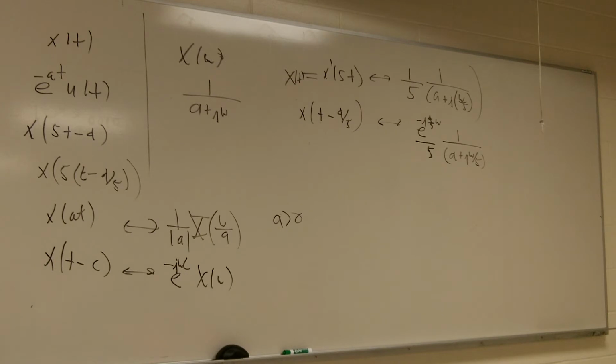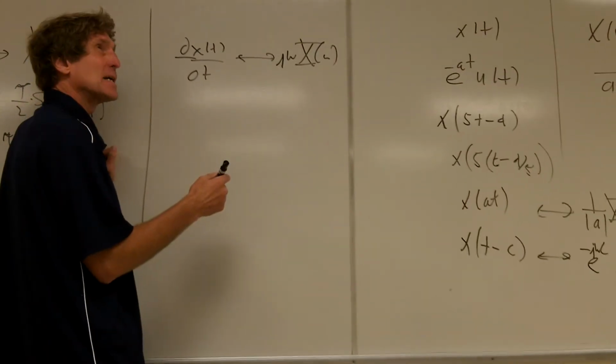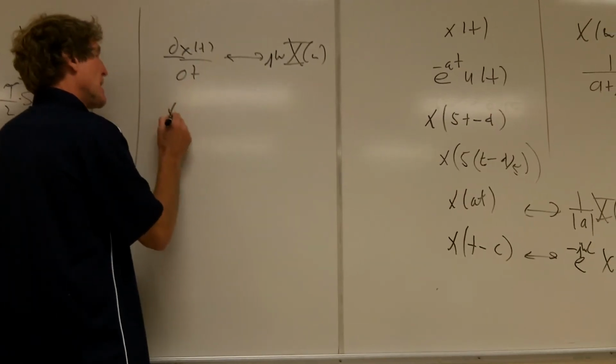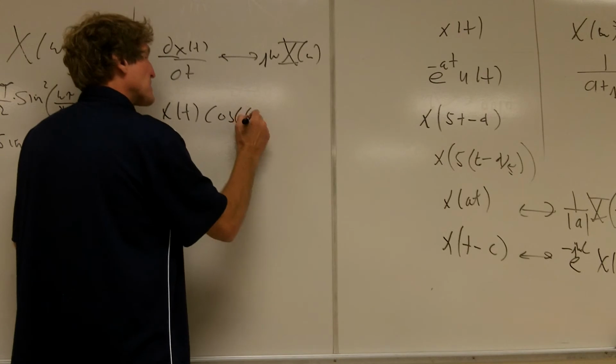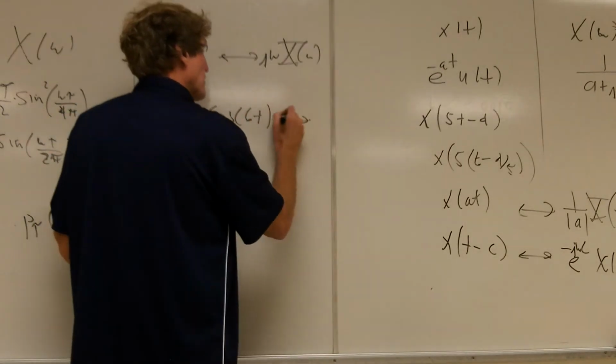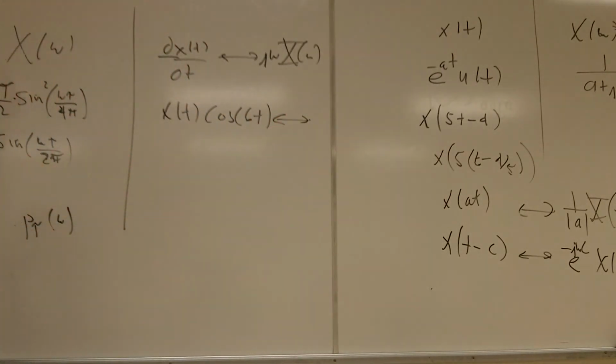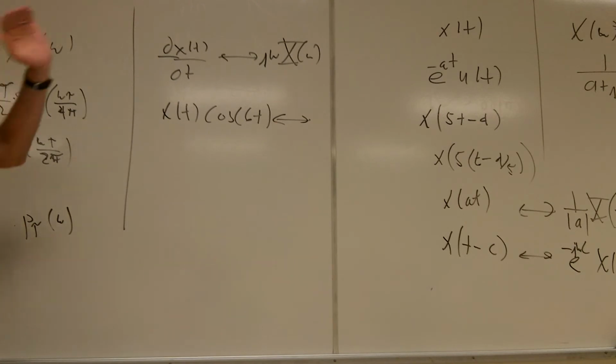What about this? Not hard. What if I take x of t times cosine of 6t, and I want to know what the transform of that is? I'm not doing a lot of erasing because I want to cover the ground today.